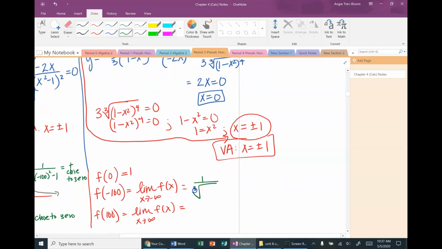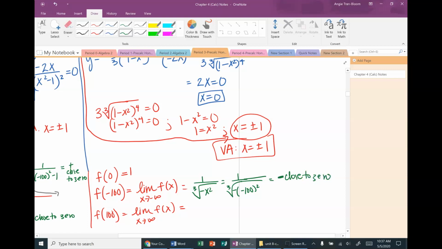So it would be a third root of a negative x squared. This is all we have to worry about. So 1 over third root, negative quantity, this is negative 100 squared. Well, 1 divided by something really, really big in the bottom, it's going to be a negative number, but close to 0. So negative close to 0.